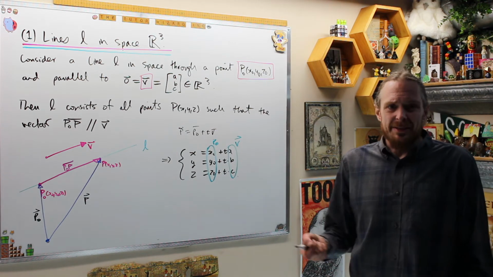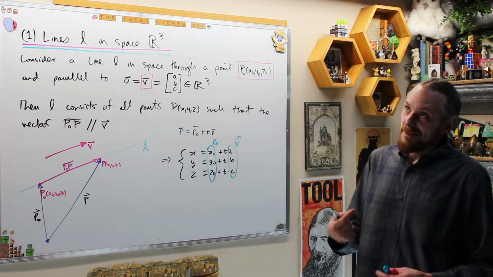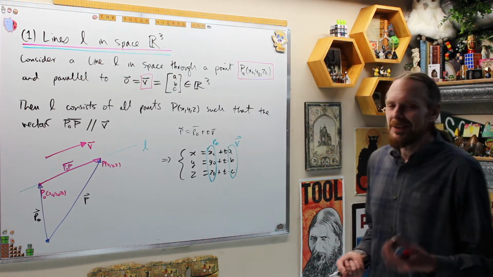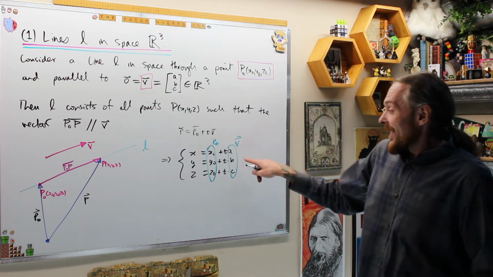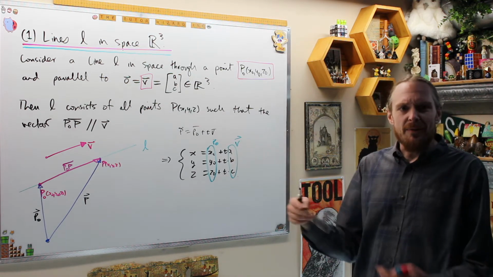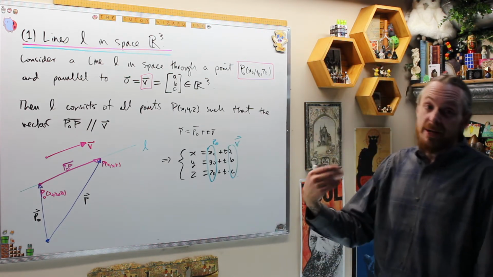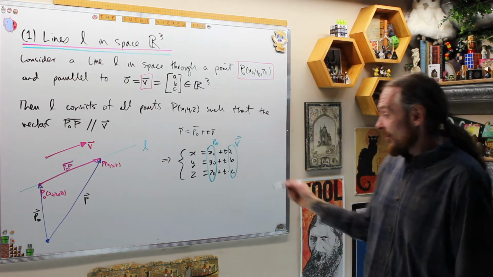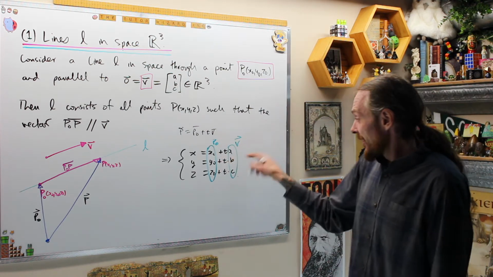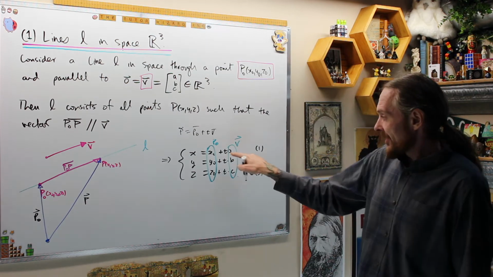And then what we classically do to have a third one is we now solve for the parameter t and put each of these three equations in an awfully symmetric looking form, and we're going to call that, guess what, the symmetric form or the symmetric avatar of a line. So what am I going to do in each of these equations, 1, 2, and 3? I'm going to solve for t.